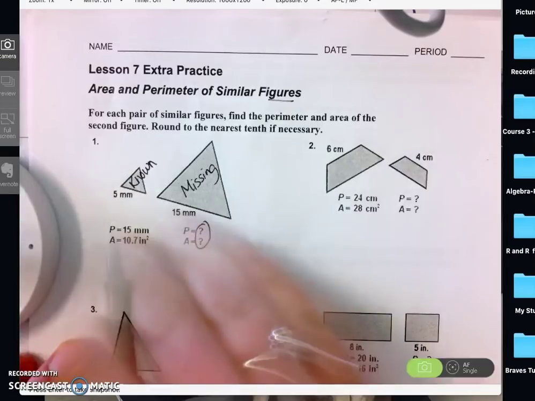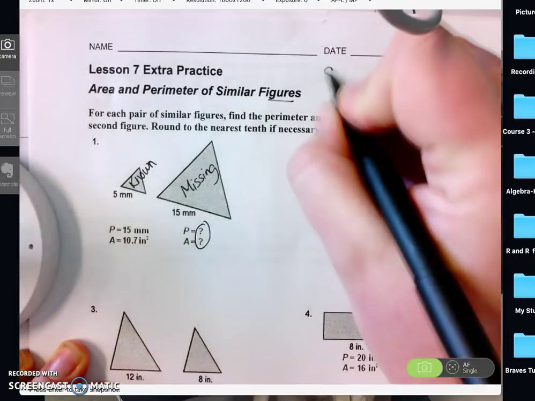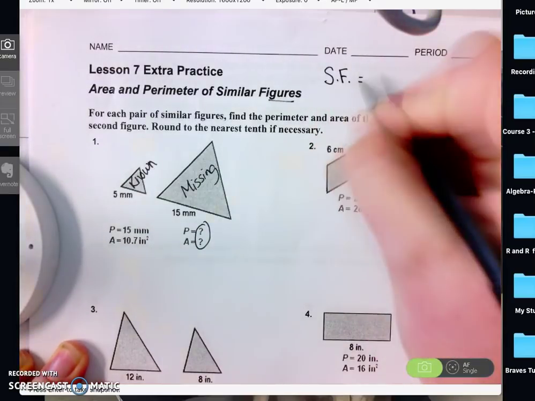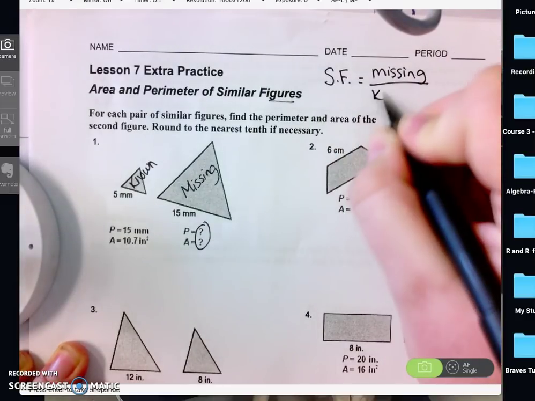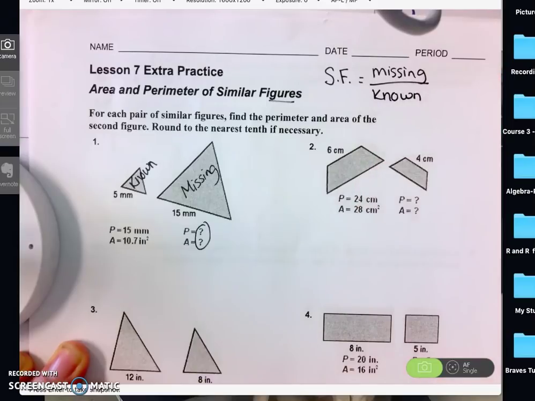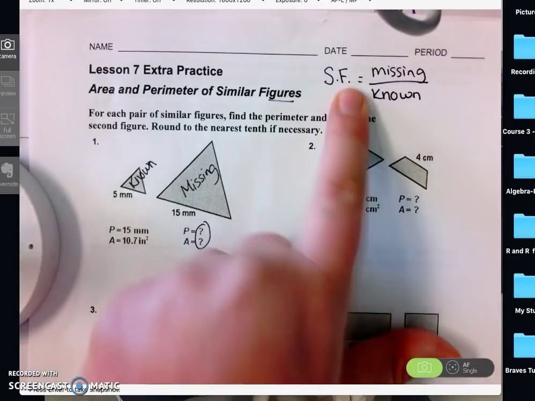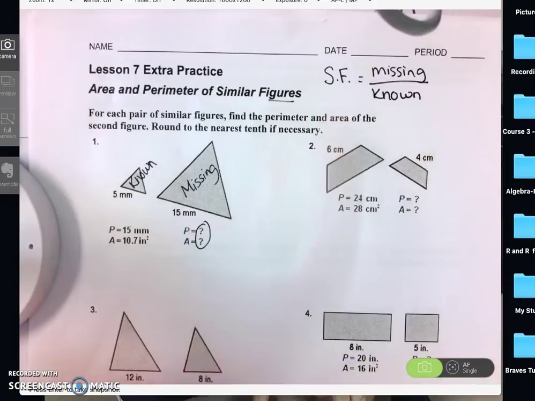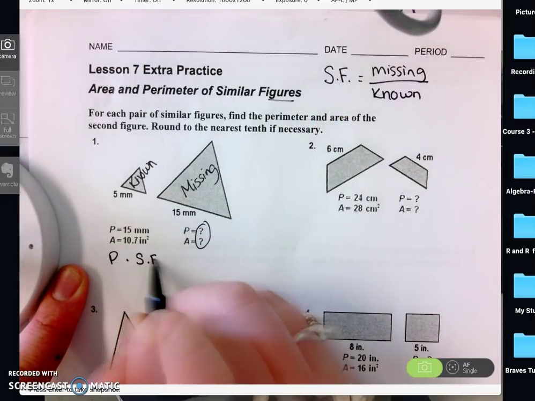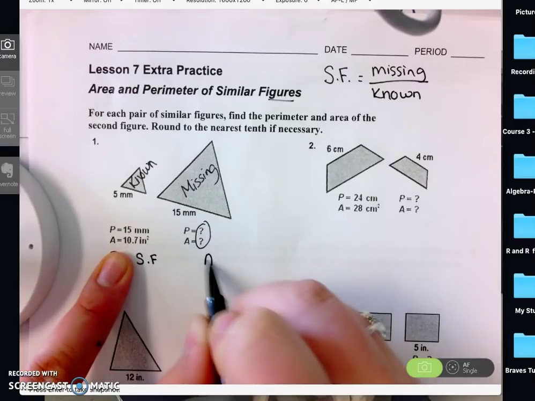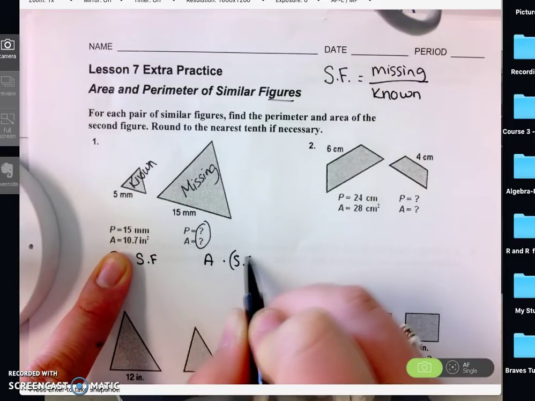So first things first, I would go through and find all the scale factors, which is going to be your missing over your known. When we are done with finding the scale factors, you're going to take the perimeter and multiply by the scale factor, and then you're going to take the area and multiply by the scale factor squared.